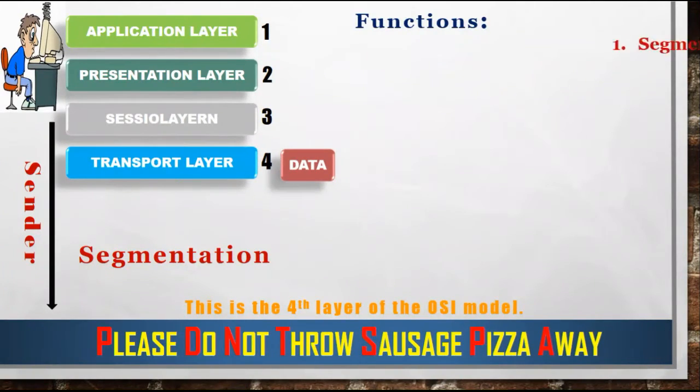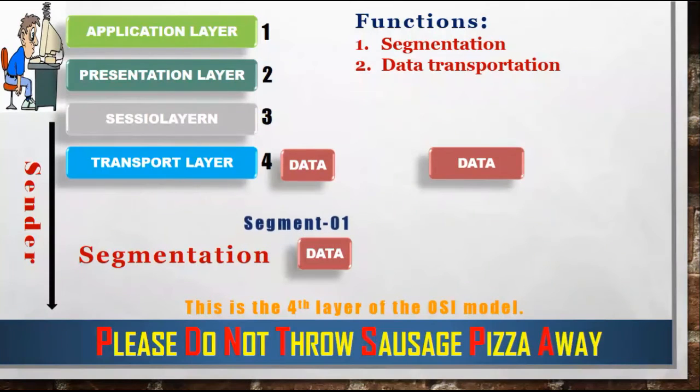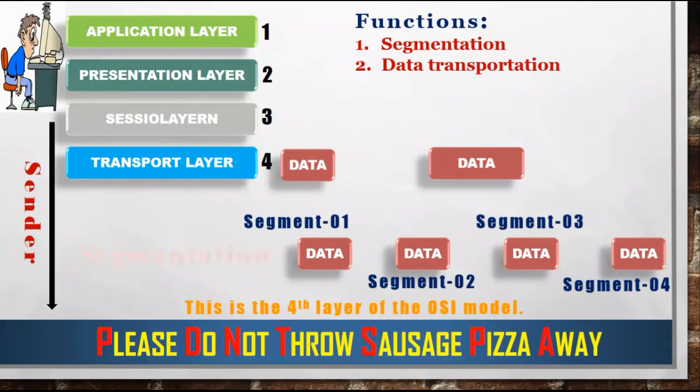It provides different functionalities like segmentation and data transportation. In data segmentation, on the sender computer, data received from the upper layer is divided into small pieces or data units before transmission. Each piece is known as a segment, and the process of breaking data into small pieces is known as segmentation.